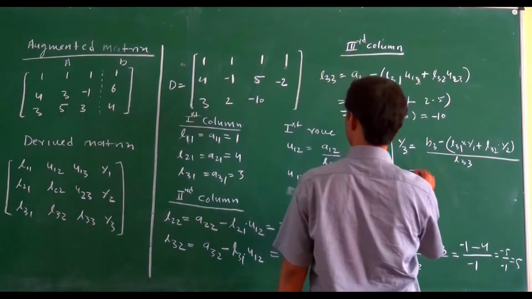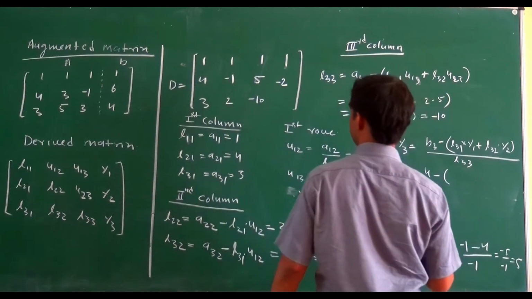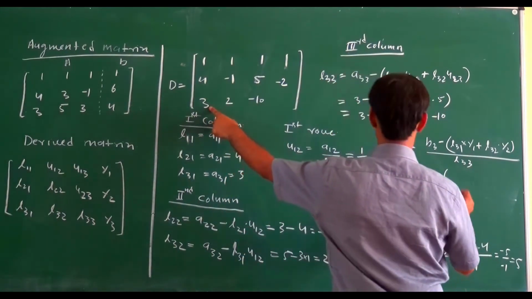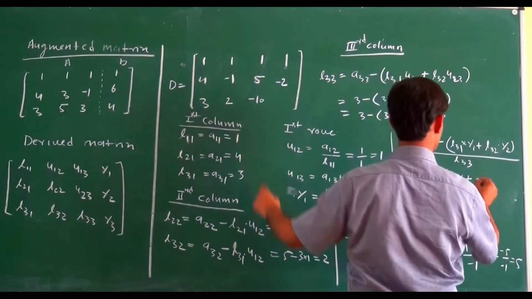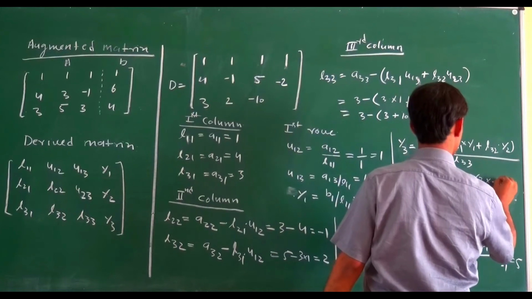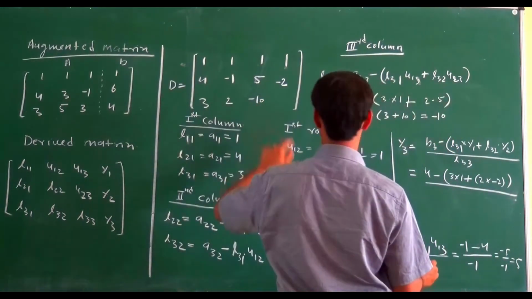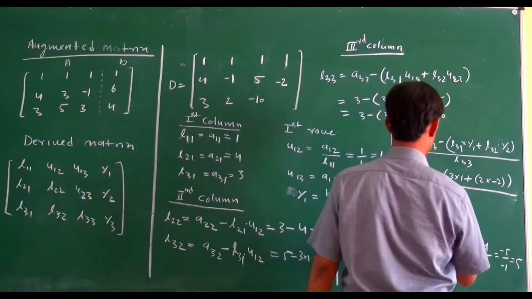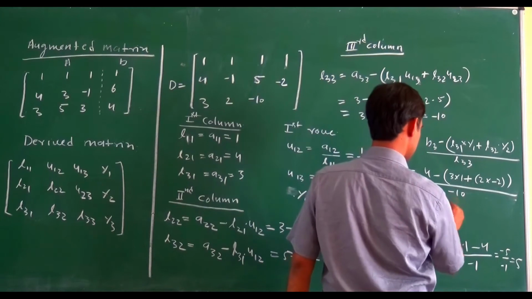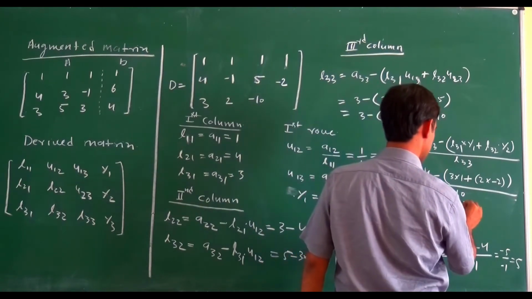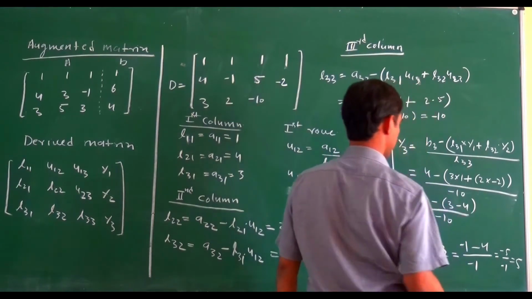So the value becomes 4 minus 3 into 1 plus 2 into minus 2, divided by L33. What is the value of L33? Minus 10.